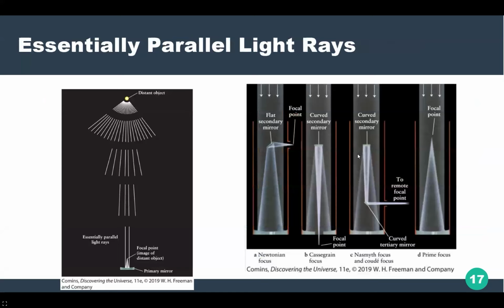And because light is coming from distances that are so far away, these are essentially parallel light rays, which means that they are going to work very consistently and very well with the mirror and the parabola to reflect into that one focus.